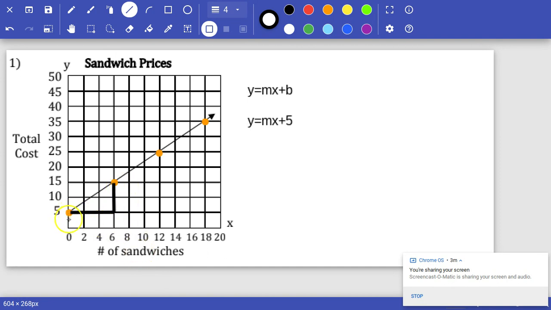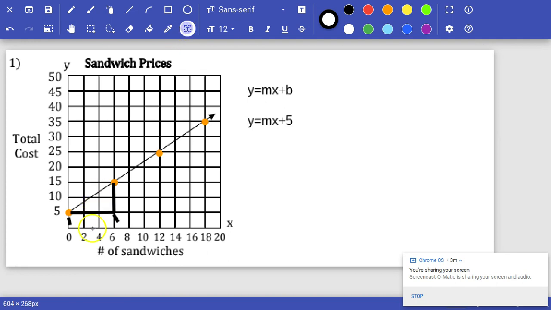Looks like it goes over from 0 to 6. 0 to 6 right in here. So that's a total of 6. Type that in. Bam. And it goes up by 10. From 5, it goes up from 5 up to 15. Notice I'm getting those marks from right here.